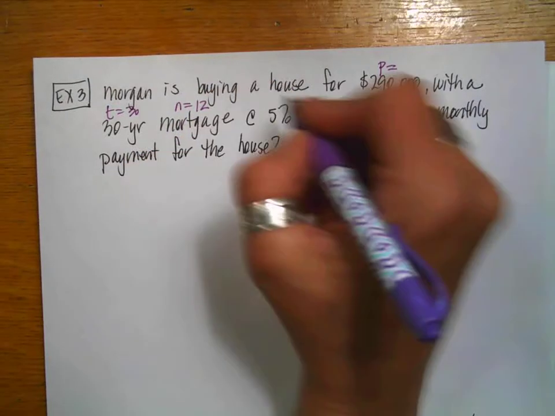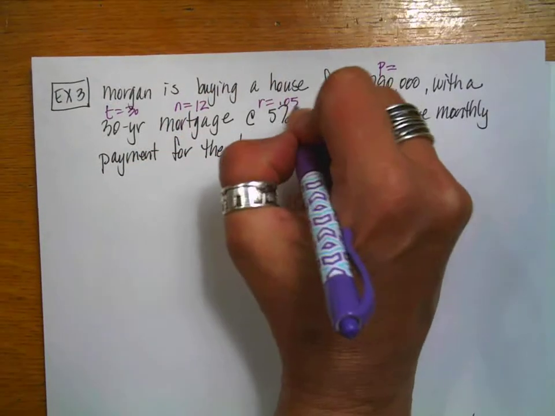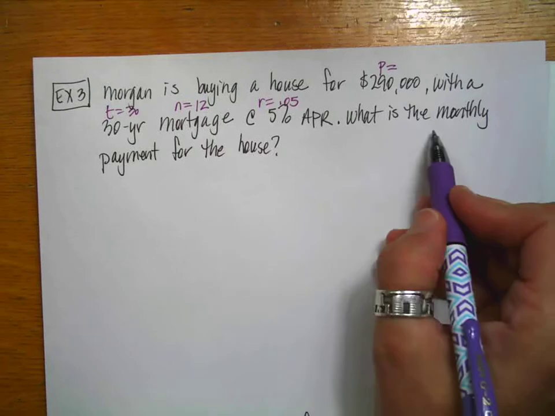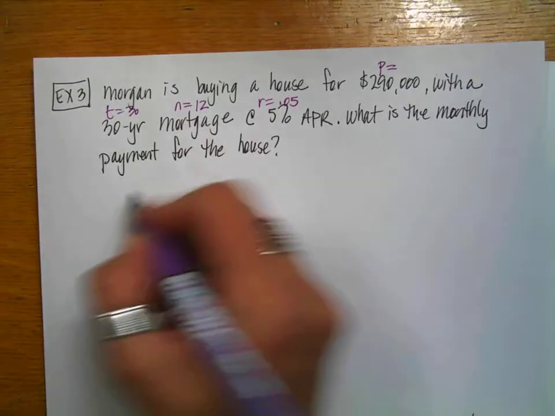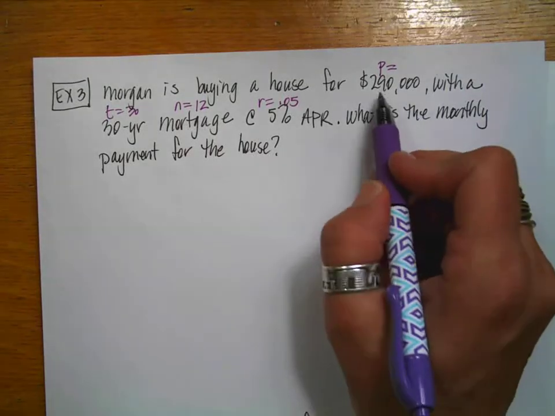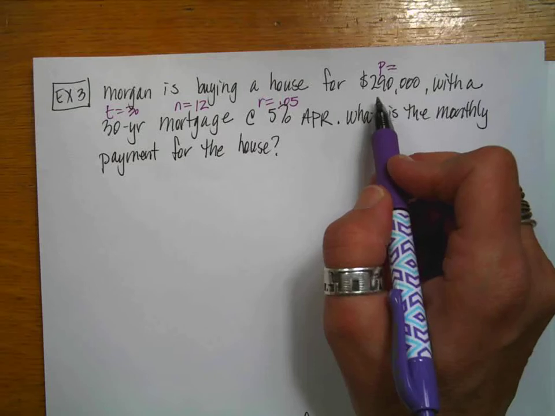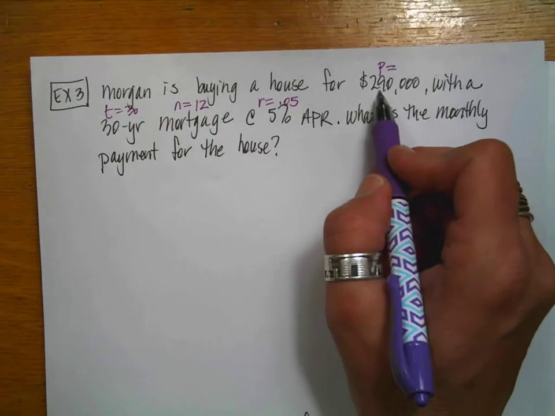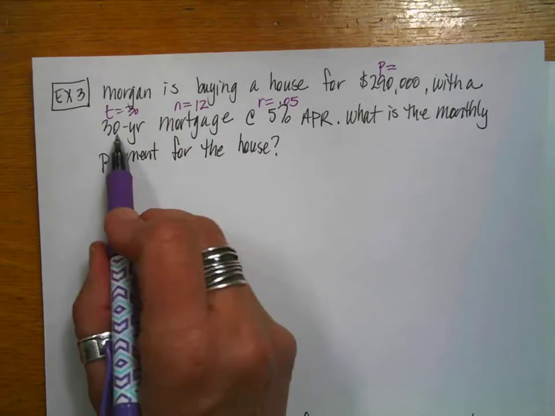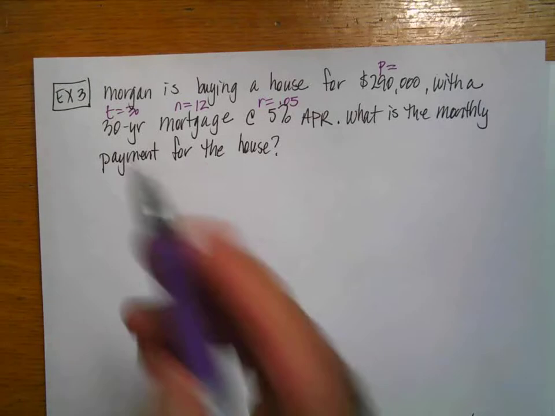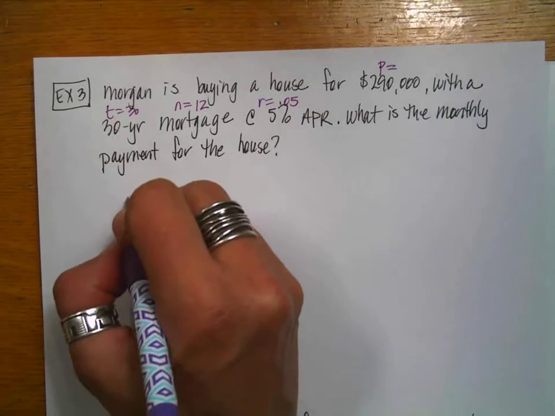We make monthly payments on a house, so N is 12, and my R is going to be 0.05. So I'm looking to find what's her monthly payment. So the scary thing is, and we'll calculate this soon, is how much interest we pay when we're buying a really big ticket item and we're financing it over 30 years.